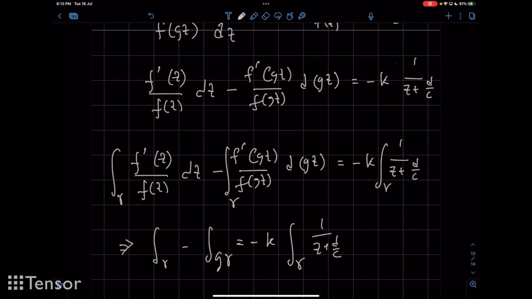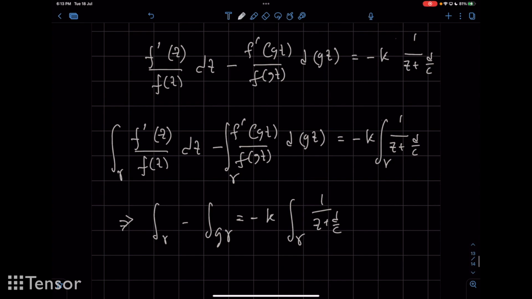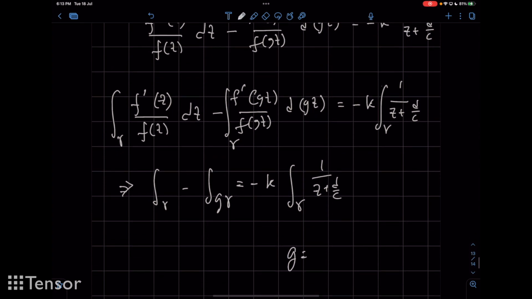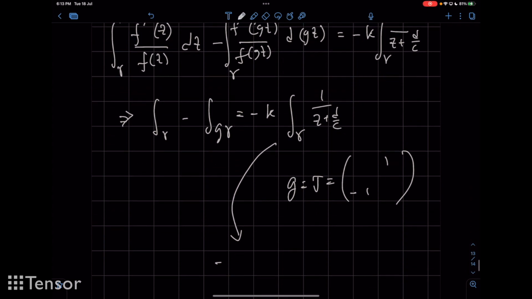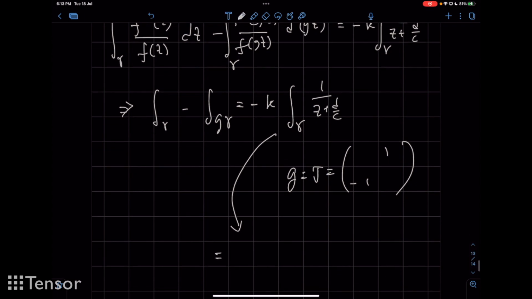Now, in our very special case, we have our g is equal to t, which is negative 1, 1. So our d is 0, c is minus 1. So what is this? This becomes negative k integral over gamma 1 over z. Right? Now, what is gamma?